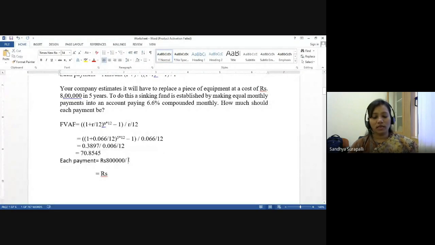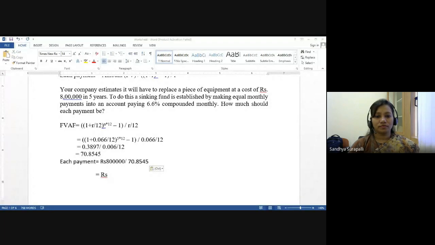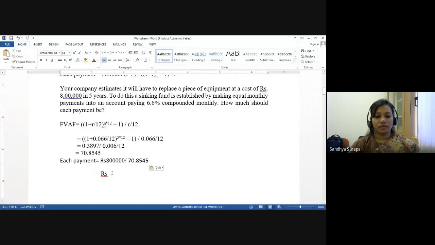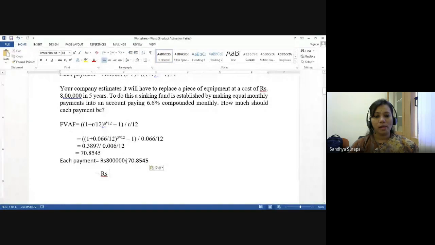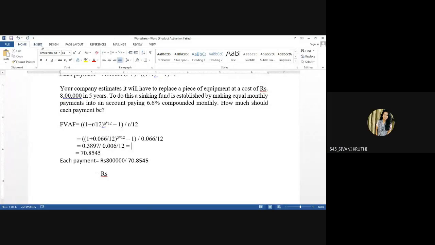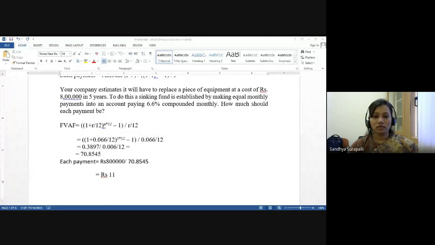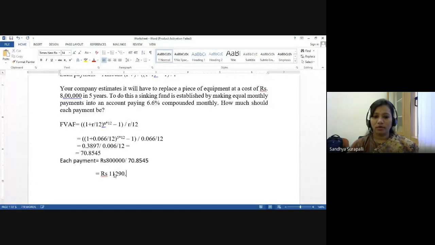So now what will be the answer? Eight lakh divided by 70.8545. Yes, 11,290.7. So if they are depositing every month, it is monthly, no?